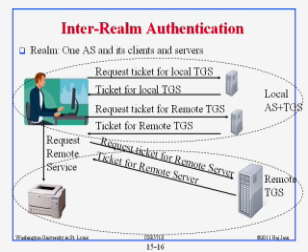And since they share a secret, just like we had a secret with the server, we have a secret with the TGS, so it can issue a ticket for the remote TGS. Then you can go and say, I want a ticket for this printer, and you can get the ticket as usual.